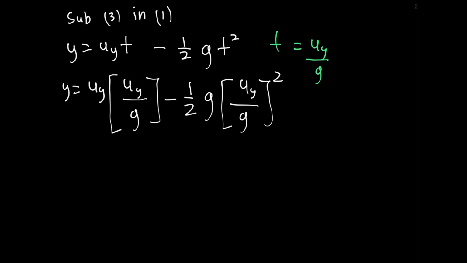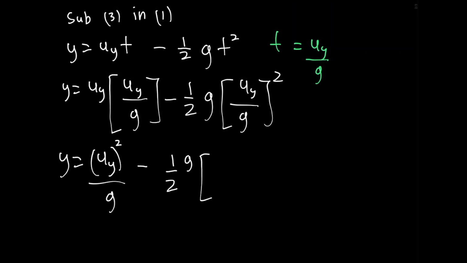Now let's simplify this a bit. So y is equal to uy squared, or initial velocity squared, over g minus a half by g. If you look carefully here, actually let's do this in an extra step just to make it a bit simpler to understand.